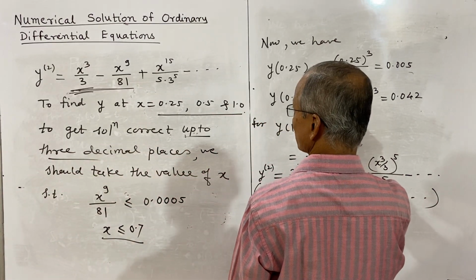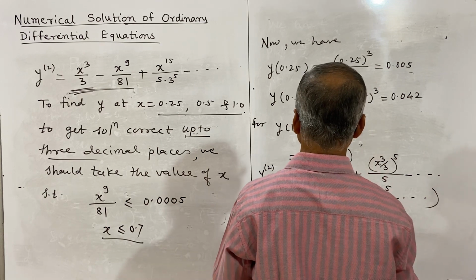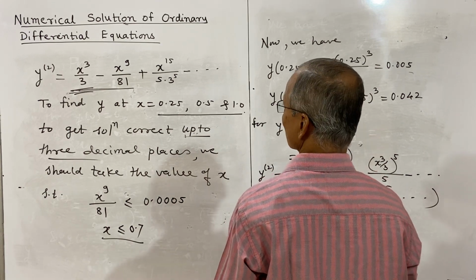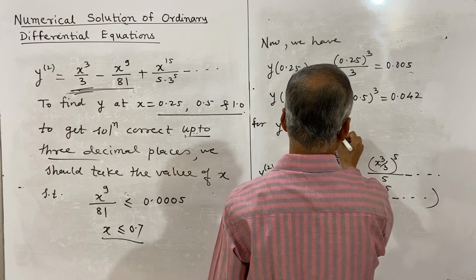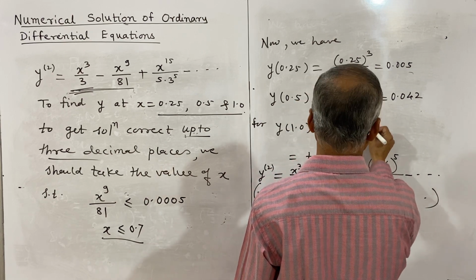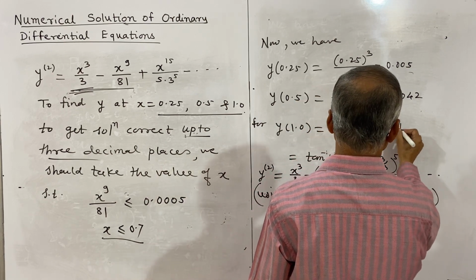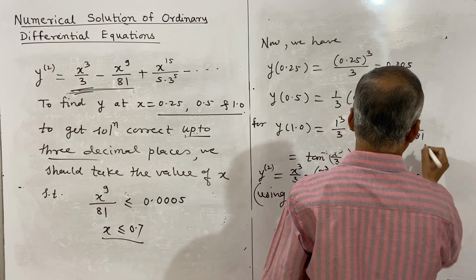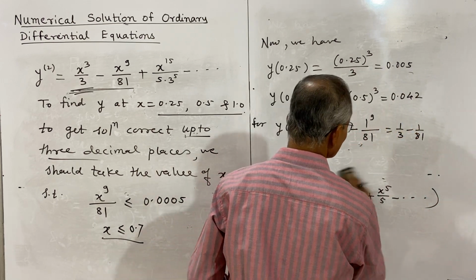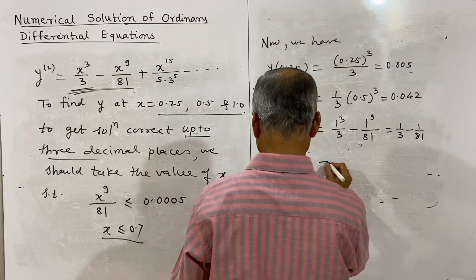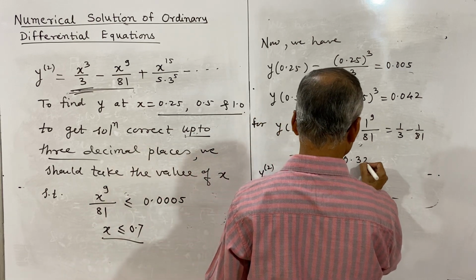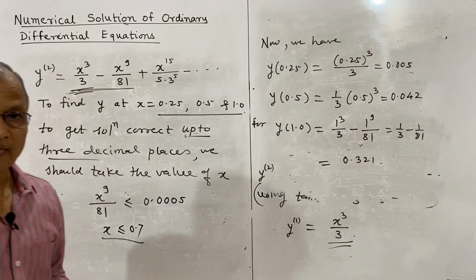Correct to 3 decimal places, x cube by 3, that is 1 cube by 3, minus 1 raised to 9 by 81, which is 1/3 minus 1/81, and this value is 0.321. You can check using the calculator.